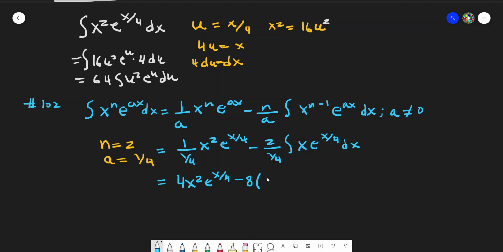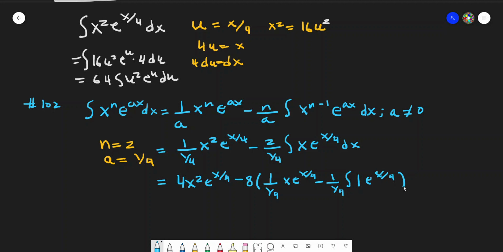So we have 1 over 1/4, and then x e to the x over 4, minus, okay, this time n is equal to 1, so you have 1 over 1/4 as well. And then you're integrating x to the 0, which in that case will just be 1, times e to the x over 4.